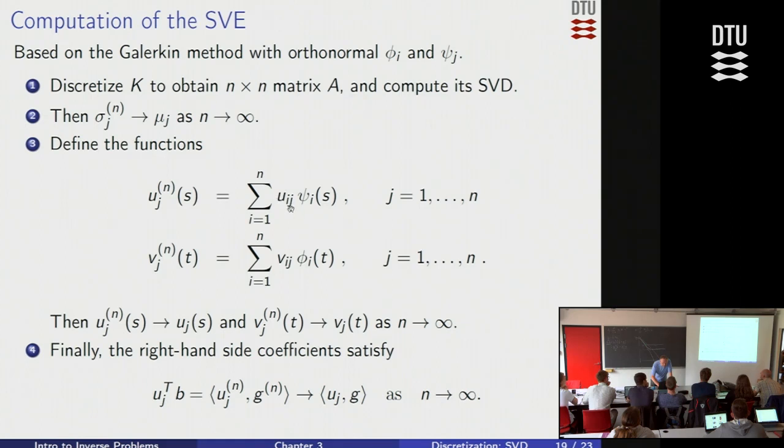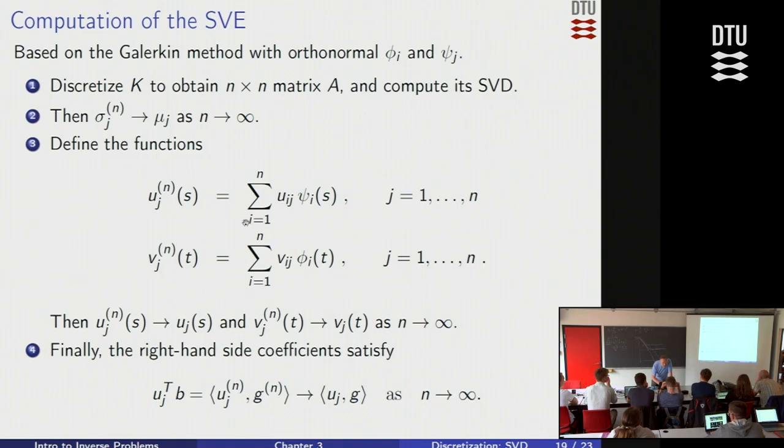And of course, these are the elements of the U matrix from the singular value decomposition of the matrix A. And you see we sum over i from 1 to n, while j is fixed. So really what we do is that we take all the elements of the jth column of the U matrix. So we take the elements of the jth singular vector and we multiply them by the expansion coefficients. So of course we get a function.